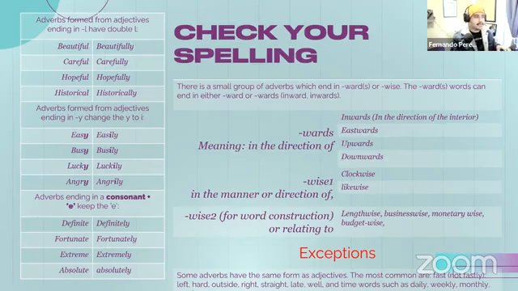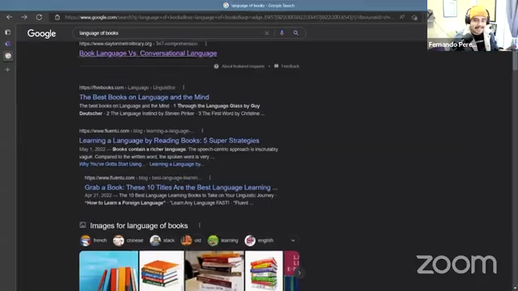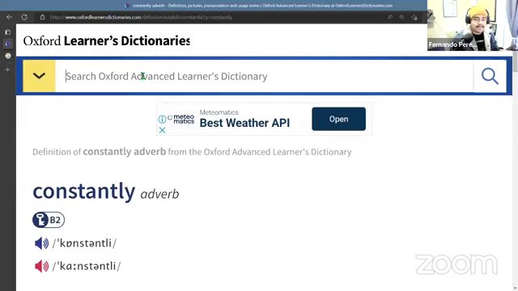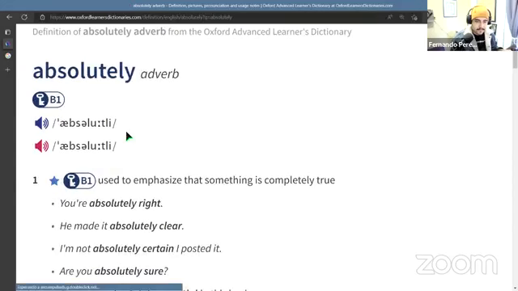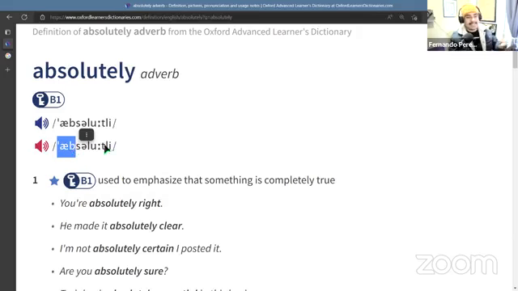Excellent. And it's important that whenever this happens with adverbs that keep an E, I suggest that you verify the stress of the word, right? Because there are now so many syllables and it's difficult to know what the stress is. Absolutely, absolutely, or absolutely, you know?